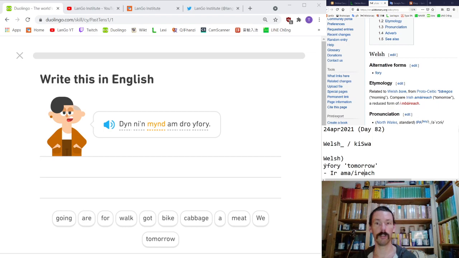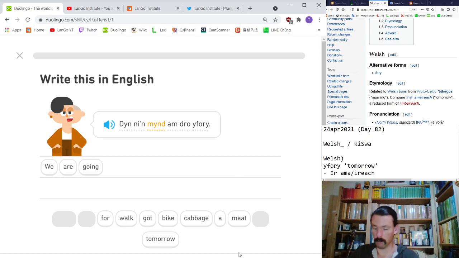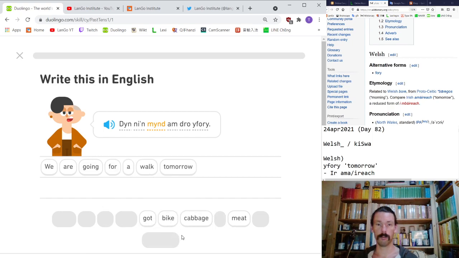So E and I, here's the preposition. Excuse me, preposition most likely. We are going for a walk tomorrow. Walk tomorrow. Yfory.